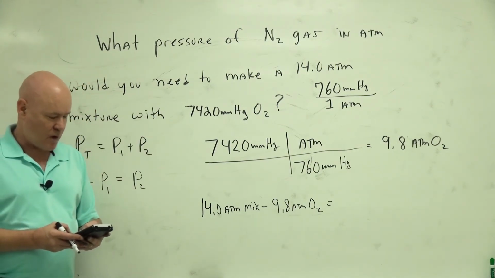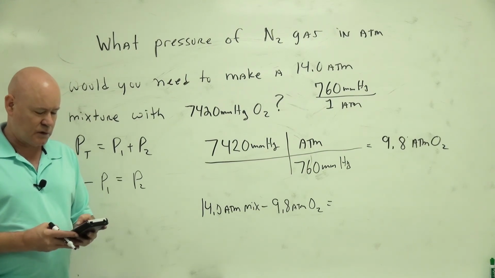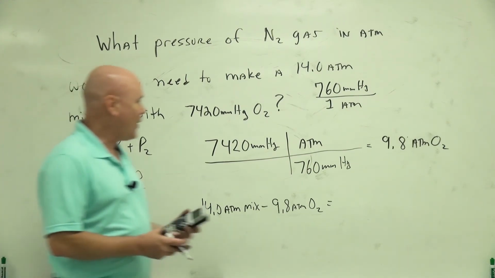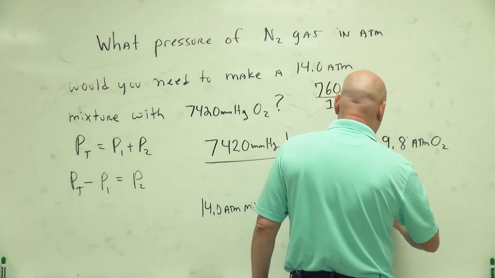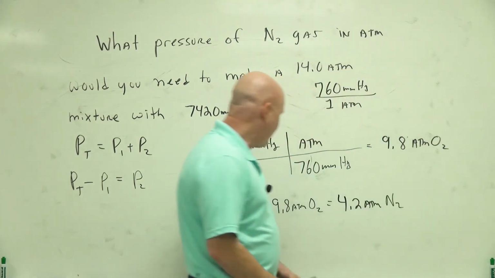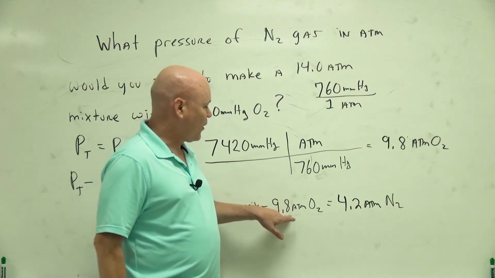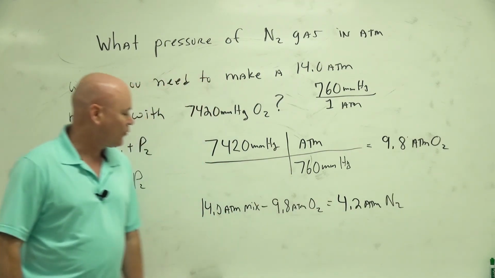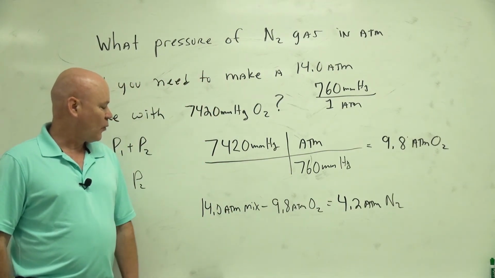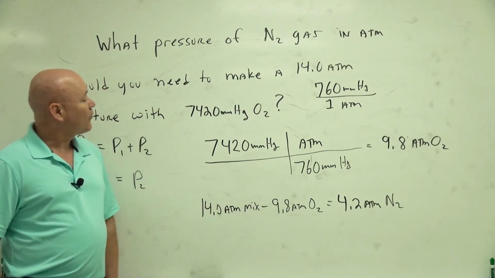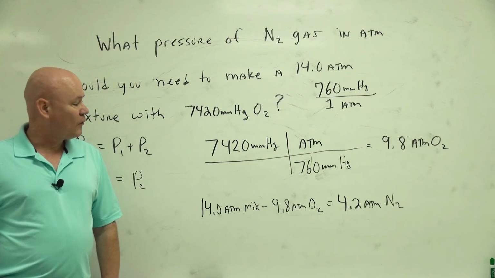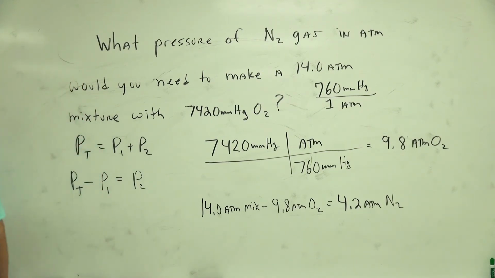So 14 minus 9.8 gives me 4.2 atmospheres of nitrogen. If I add 9.8 atmospheres of oxygen in our tank with 4.2 atmospheres of nitrogen, I'll get my 14 atmospheres of my mix. So the pressure of nitrogen gas that we need is 4.2 atmospheres.